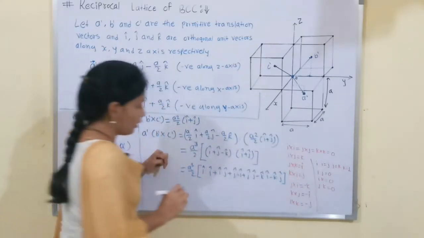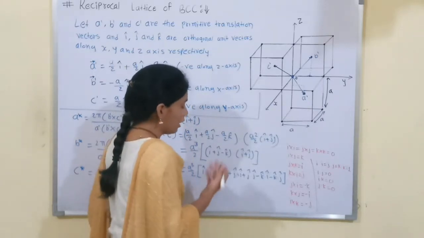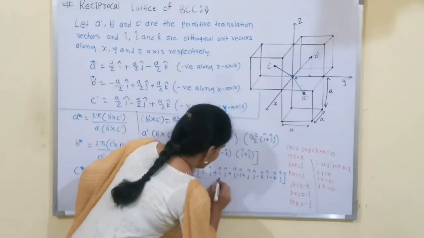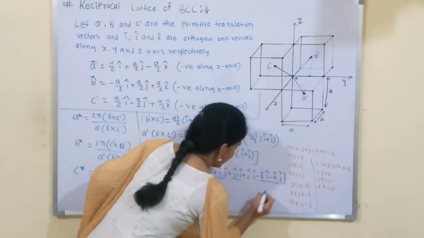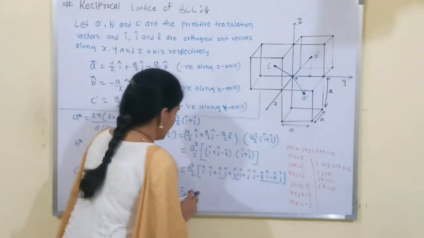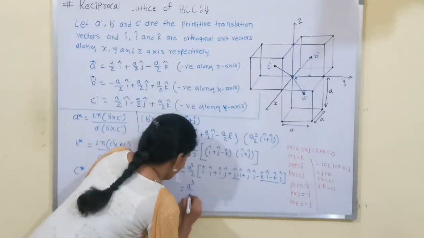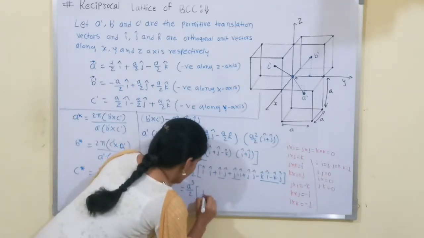Okay, we know that the dot product of same vector is 1, or we can say unity, or others are 0. So simply we have all terms will be 0. This term will be 0. This term will be 0. This is also will be 0. Only we have I dot I and J dot J. So here what is I dot I? I dot I is 1.